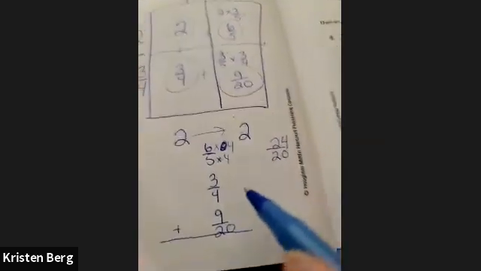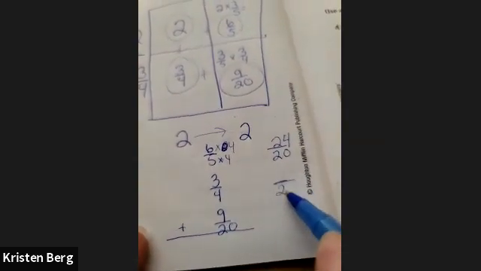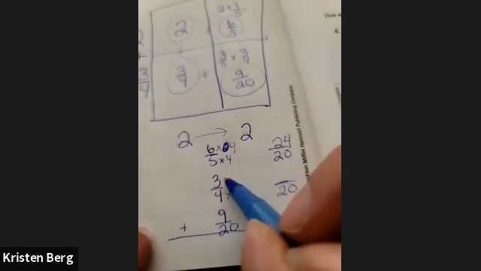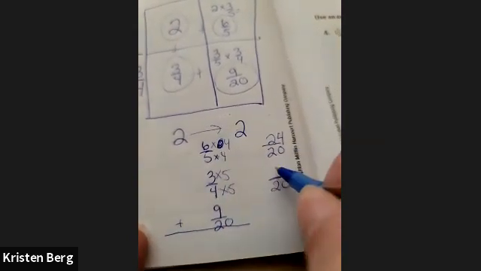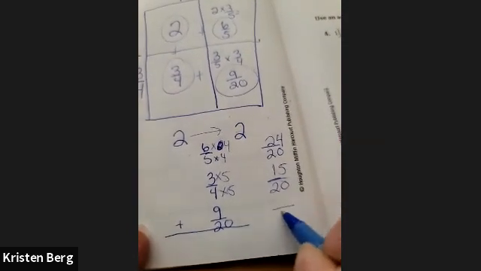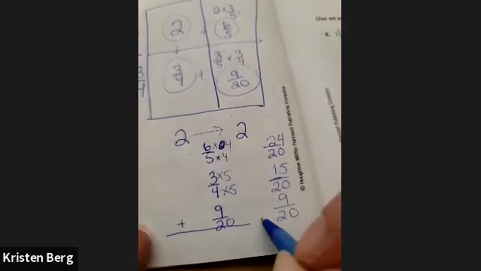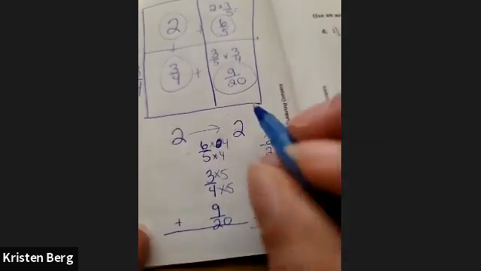I got ahead of myself. What would I do to a 4 to get it to 20? I would times it by 5. So then I would times the top by 5. So 5 times 3 is 15/20. And then here, this is already in 20ths, so I'm just going to bring it down as well.